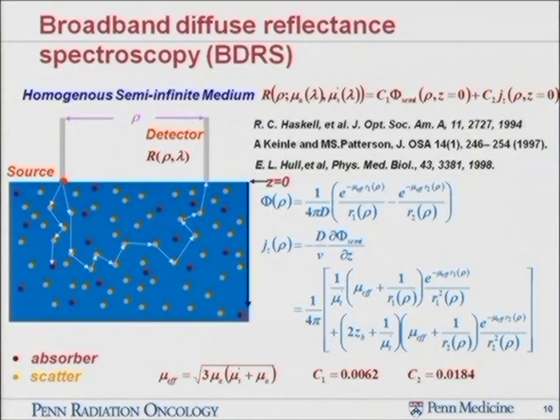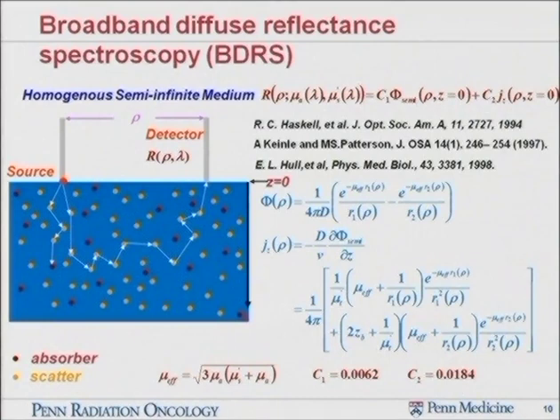But if one uses a different isotropic detector, for example, then you can collect light from all 360 degrees, and you will get a different value of C1, C2, which can be calculated based on these papers. That will allow you to do the same kind of calculation.